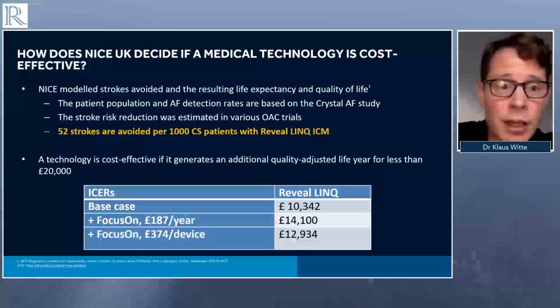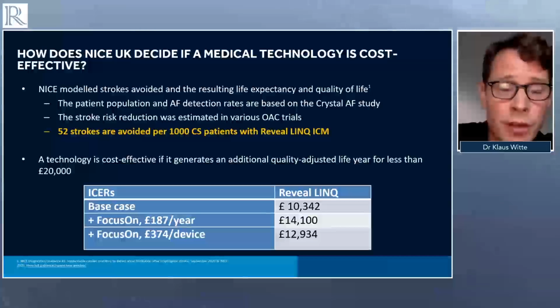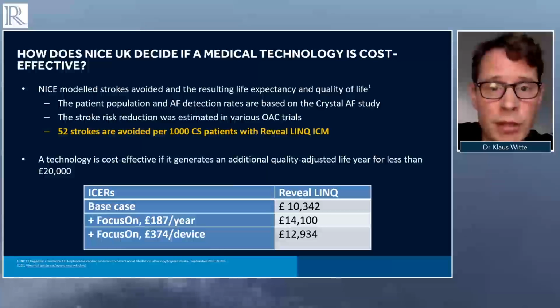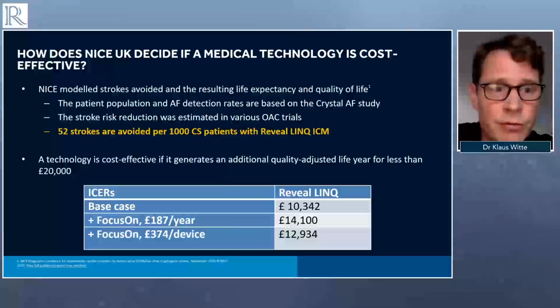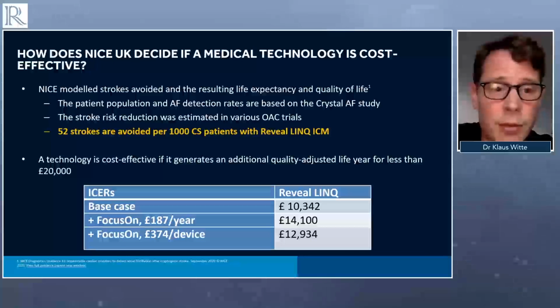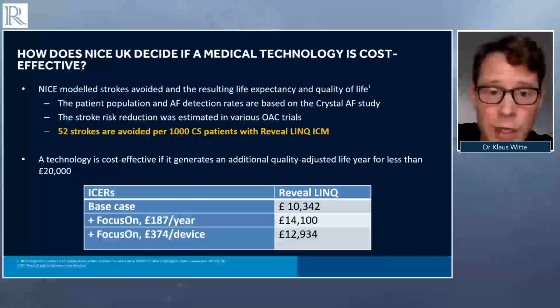And NICE's calculation came out at showing that using a Reveal LINQ in patients with a cryptogenic stroke who've been investigated according to the Crystal AF study, which is pretty standard in patients following an embolic stroke, as I've suggested, there were 52 strokes avoided per 1,000 patients. Taking into account the upfront cost of the device and the healthcare requirements of the patients subsequently, including the anticoagulation effects, the base case came out at £10,000.